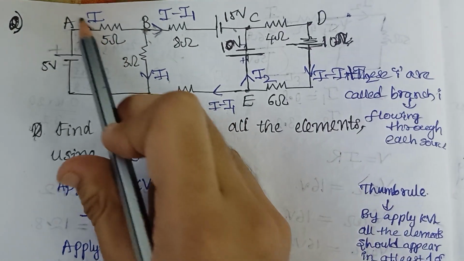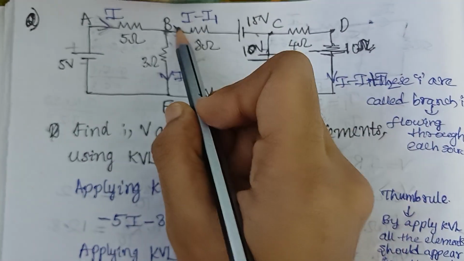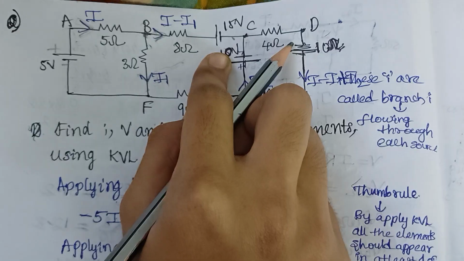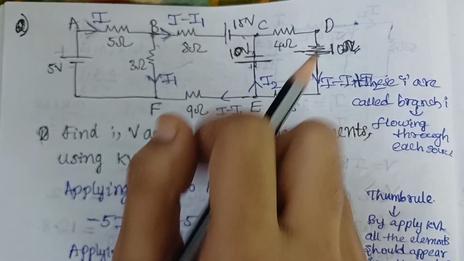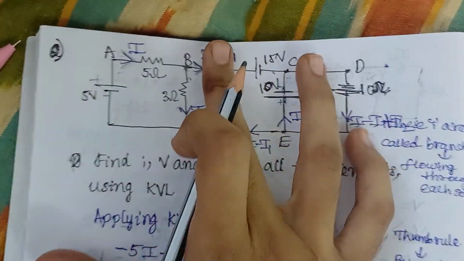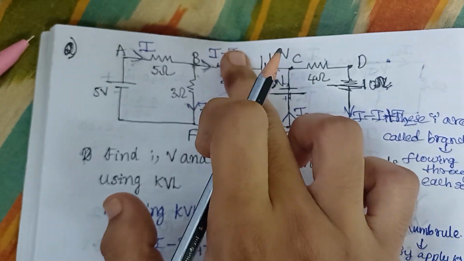Since we assume this also moving away from the node, according to KCL, the sum of the currents entering the junction is equal to the sum of the currents leaving the junction. Initially we don't know the current going through this 8 ohm, so let us suppose it to be X.